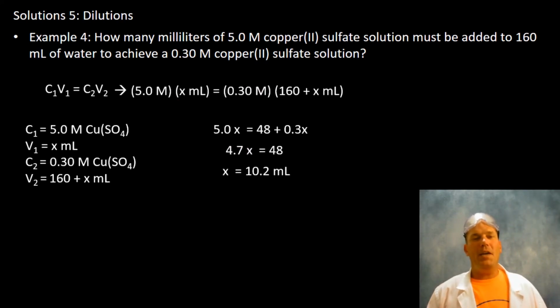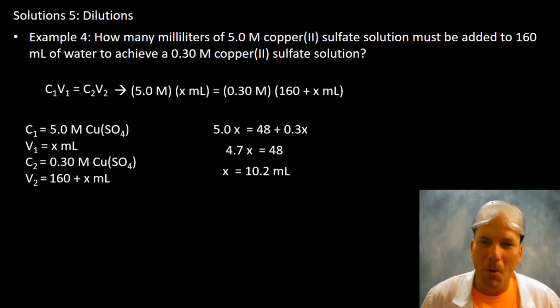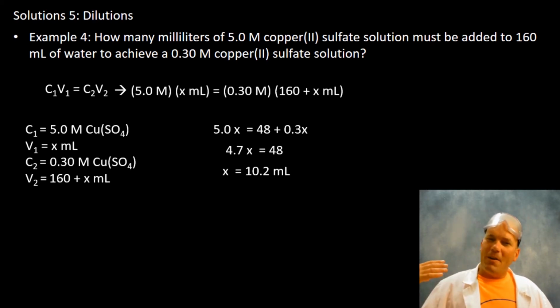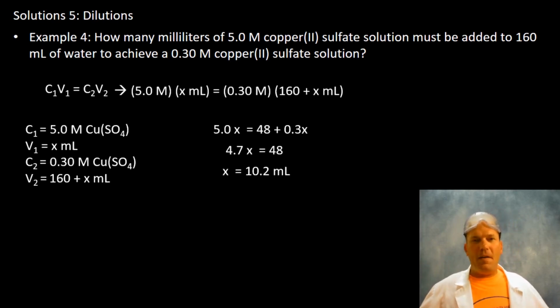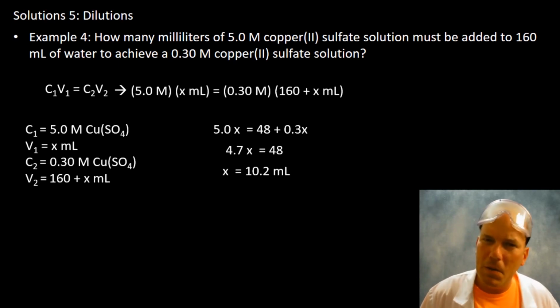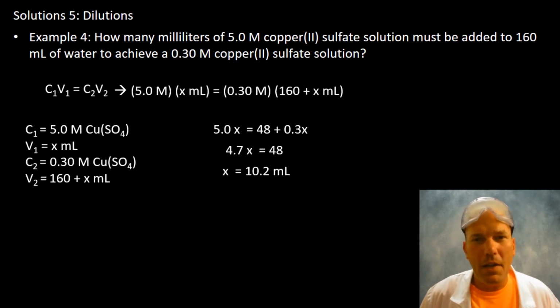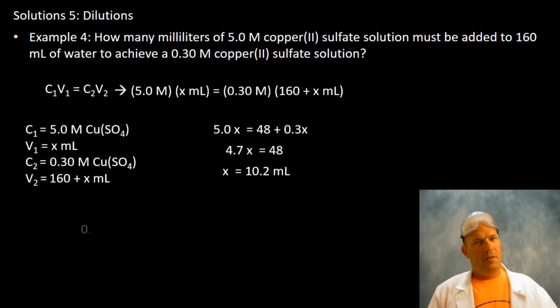Wow. Okay, so we need 10.2 milliliters of the 5.0 molar solution, and we're going to add that. So we're going to have a final volume of 170.2, and that should be 0.3 molar. I wonder how you can check your answer on this one.